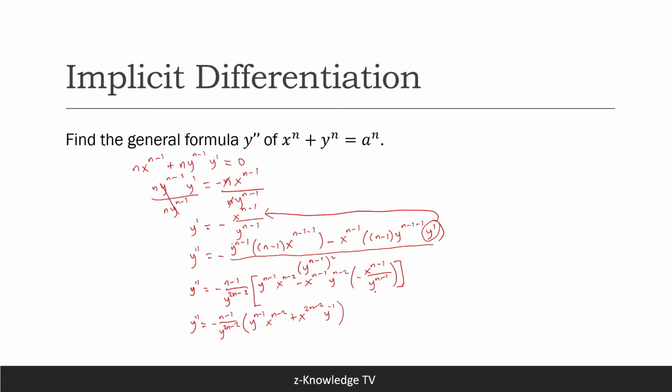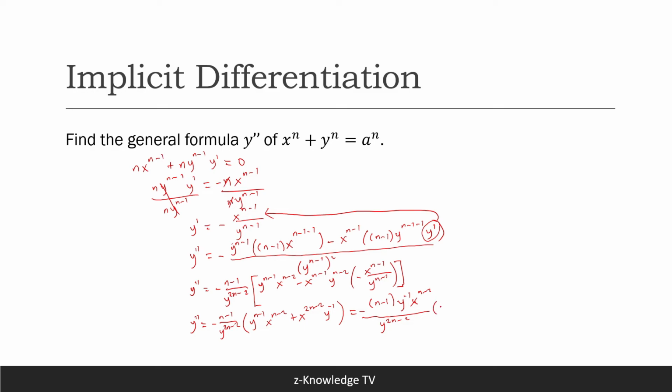Okay? So, gumagamit na lang tayo ng properties ng exponent. Okay? So, kaya tayo nag-come up sa ganitong form. So, simplify pa natin. So, itong part na to is magiging minus n minus 1 y raised to 1 x raised to n minus 2 over y raised to 2n minus 2.